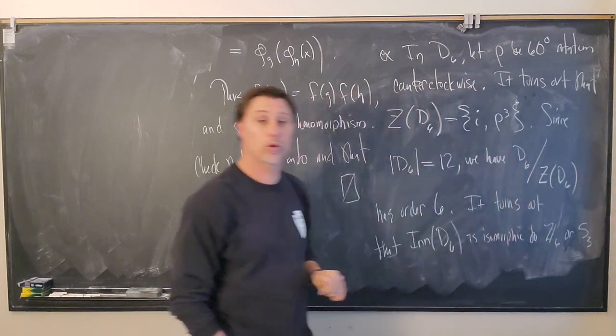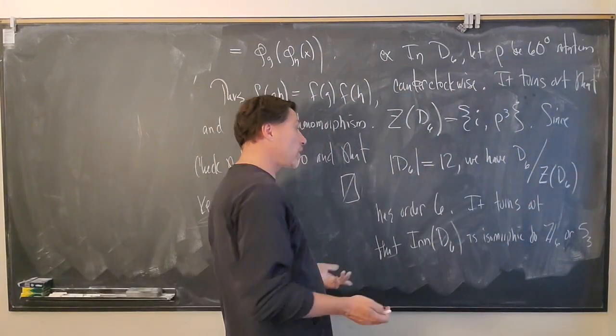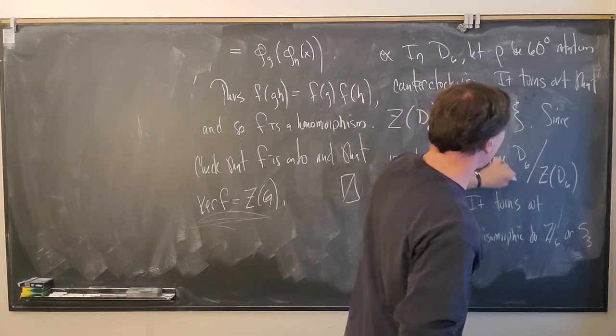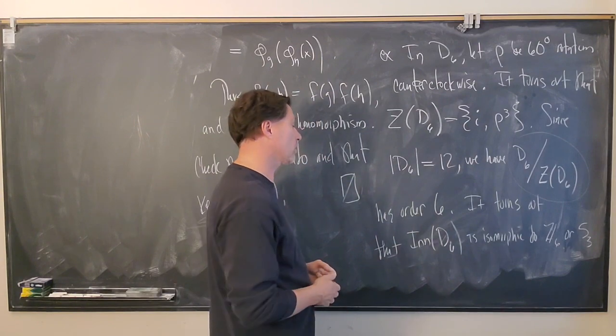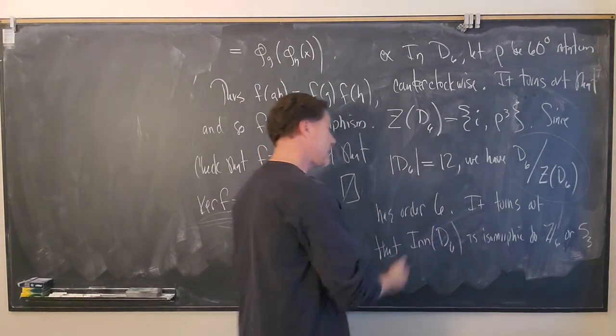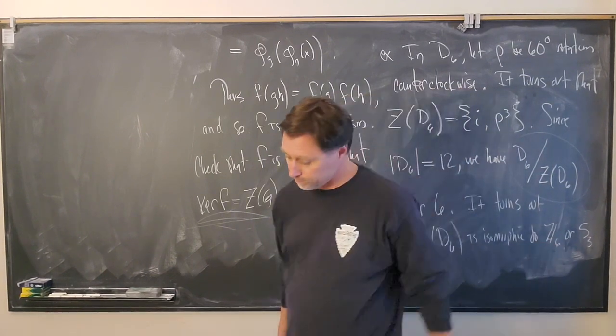Those are the 2 groups of order 6. And since we know that this quotient is isomorphic to the group of inner automorphisms, we know that Inn(D6) has to have order 6. A group of order 6 is one of those 2.